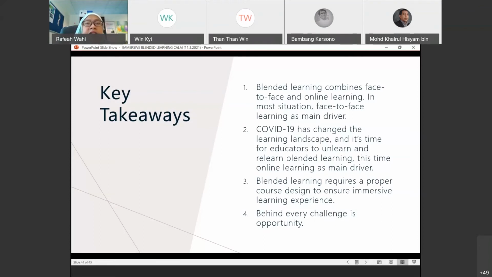If COVID-19 hadn't happened, I think our students would really depend on the physical classroom, waiting for us to give them information about the courses and so on. But this time they are on their own. They are the main driver of their learning. So this is a game changer for learning, I think.